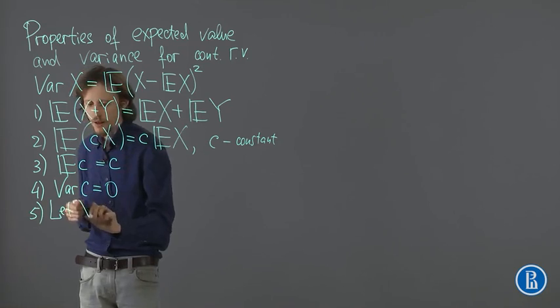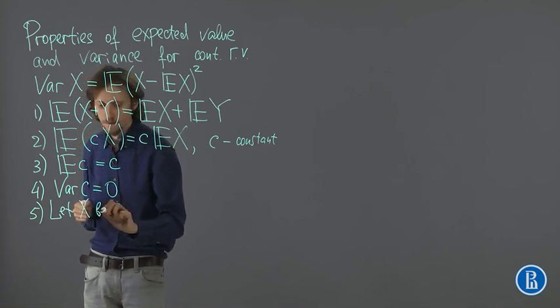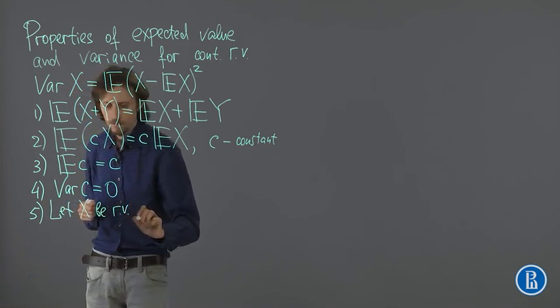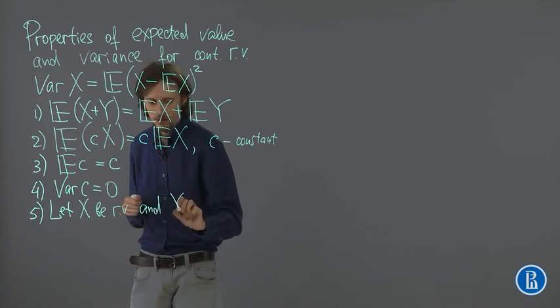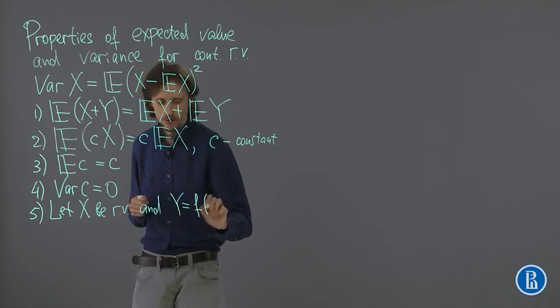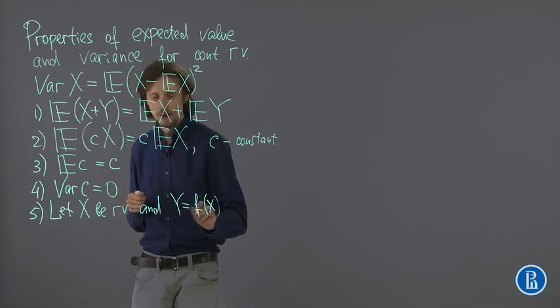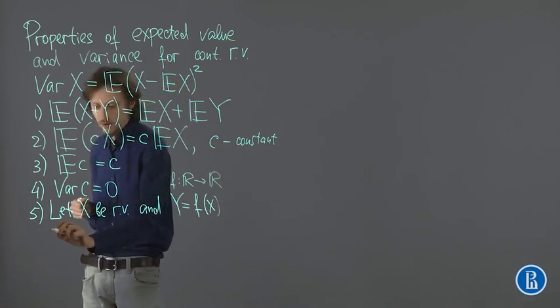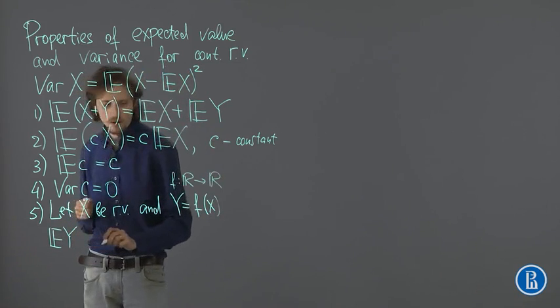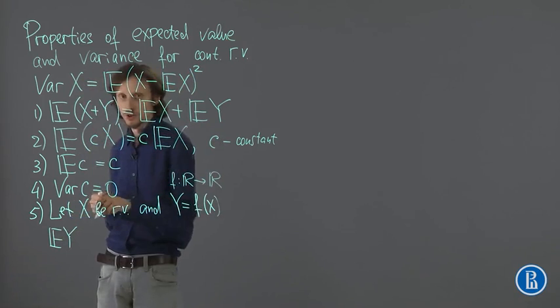Let x be a random variable and y is f of x. Here f is some function from real numbers to real numbers. Then we can find expected value of y in terms of probability density function of x in the following way.